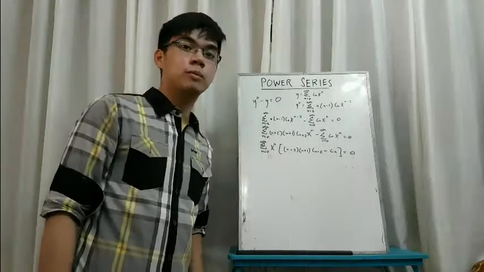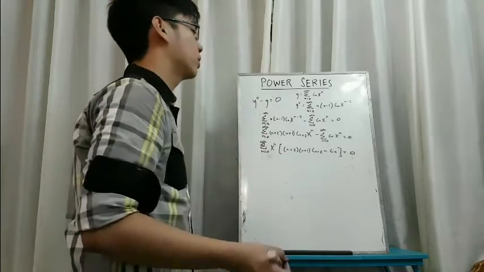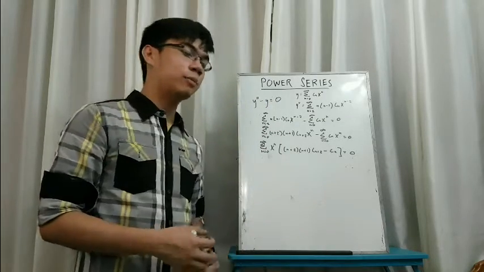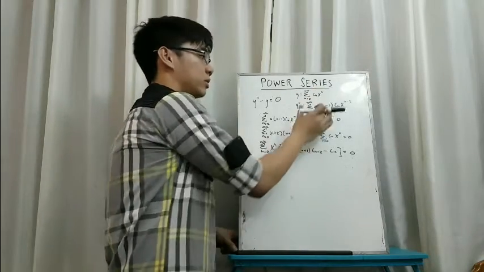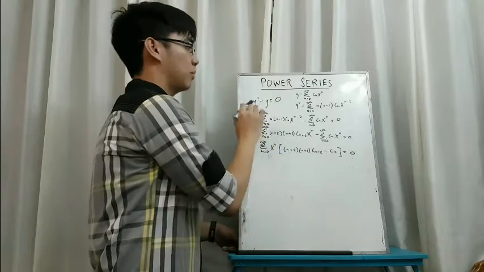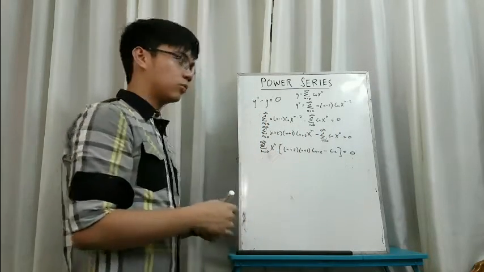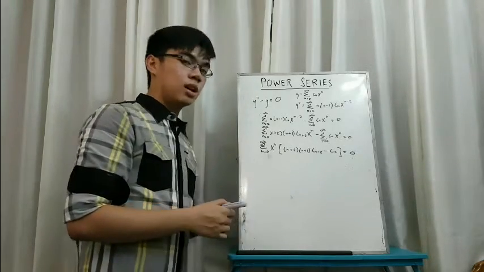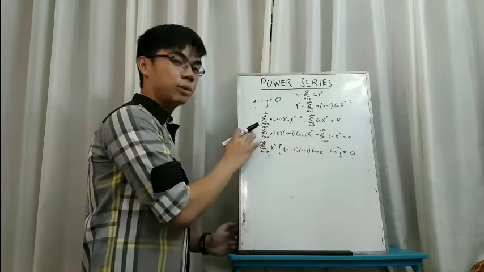So our next problem would be y double prime minus y is equal to 0. So learning from our previous lesson, we get the power series of y and y double prime, substituting it back here. So we're given this, and for us to evaluate this, we need to factor out x raised to n in the summation.